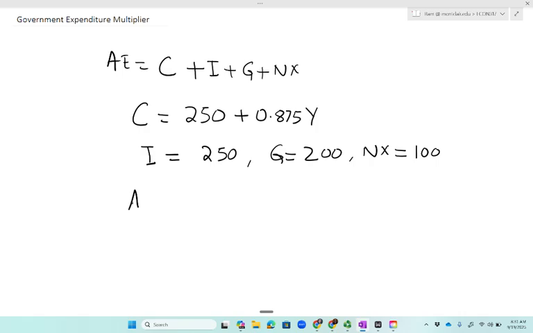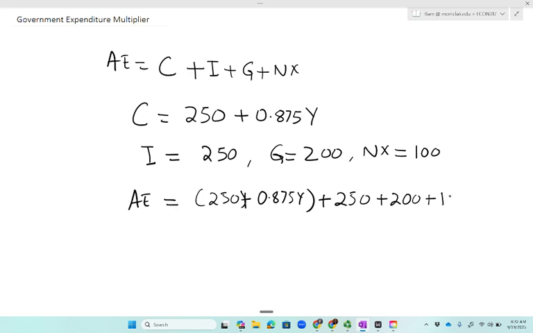Given this, I can compute the aggregate expenditure: 250 plus 0.875y, that's the household consumption, plus the investment $250 plus the government expenditure $200 plus the net exports $100.